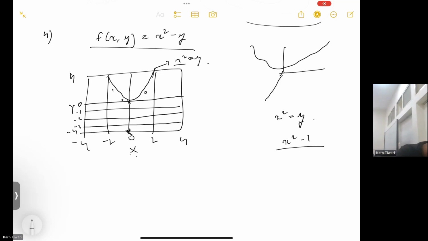And -5, it will be x squared minus y is equal to 5. Then x squared is equal to y plus 5. It's just a shifted version of 5. The curve will look something like this.